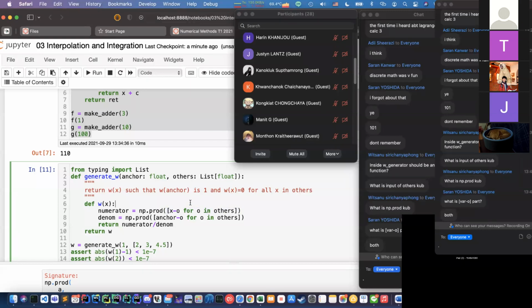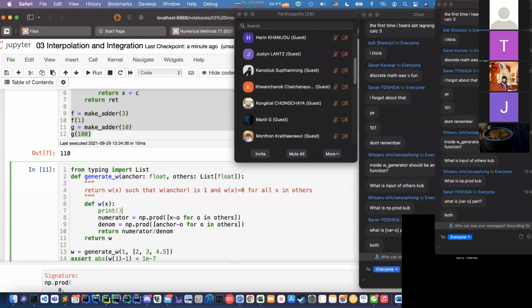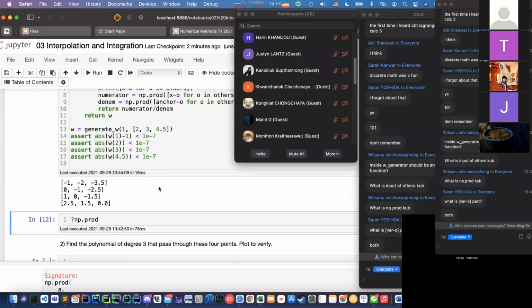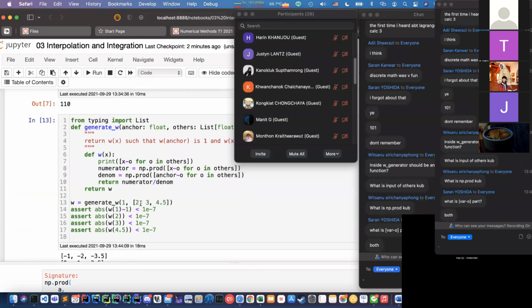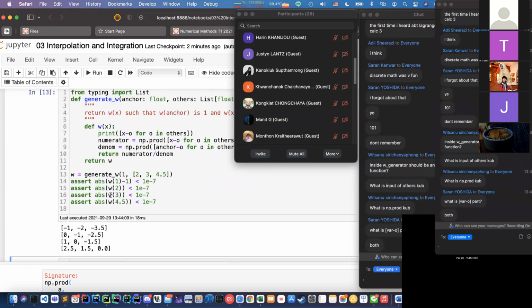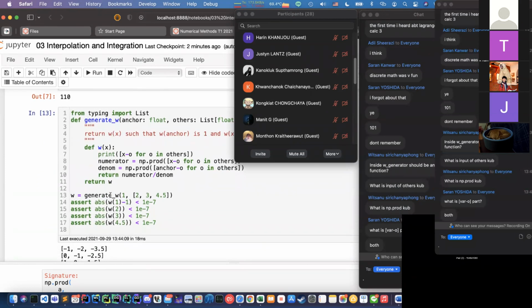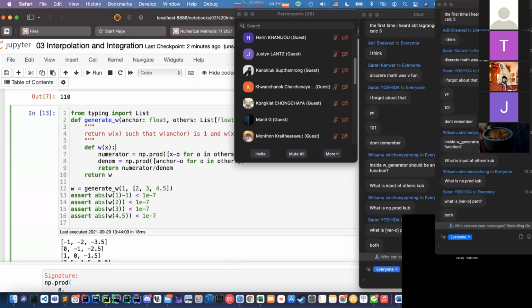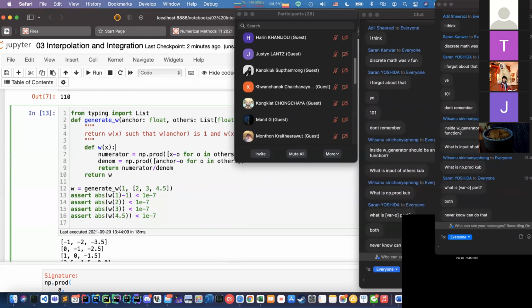For example, you can print it out if you want. So it's like, give me the list of X minus all that, and then take the product. So we can do that.